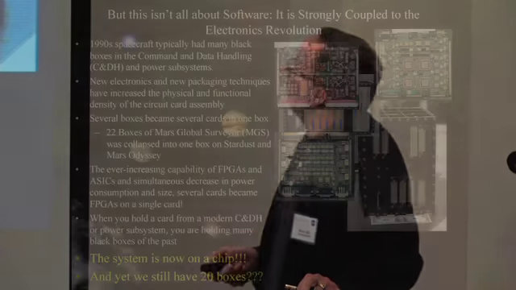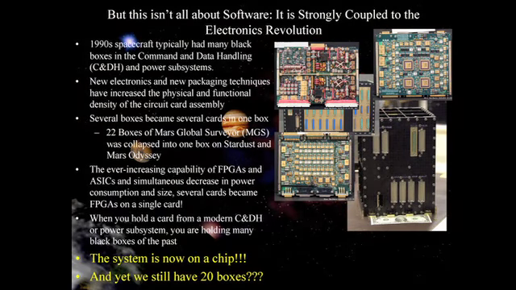We started thinking about the electronics revolution because I cannot decouple what's happening in software from avionics. And so I began looking at 1990 spacecraft, many of which you've heard of today, and the black boxes that were in the command and data handling system.